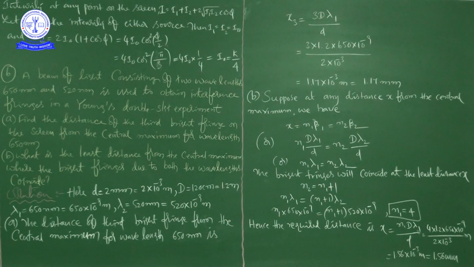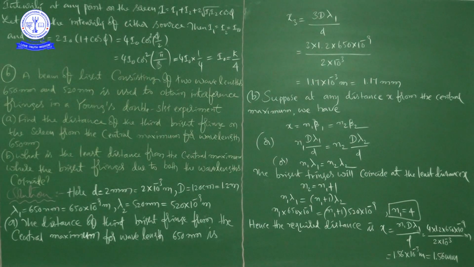Next, let I naught be the intensity of either source, then you can write I1 is equal to I2 is equal to I naught.